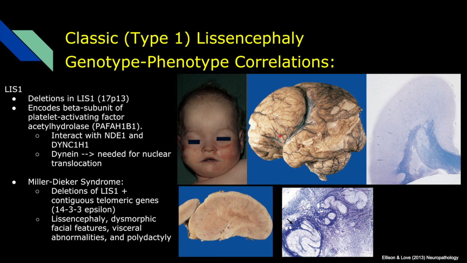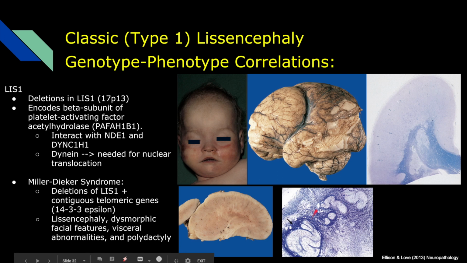And then at autopsy, you'll see a very smooth brain, preserved sylvian fissure, and thick cortex when you cut the brain in half, and then you get this histology that has a very thick cortical plate with some obvious migrational defects as well. These are periventricular nodules as they would appear.